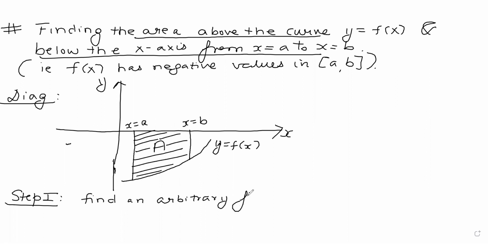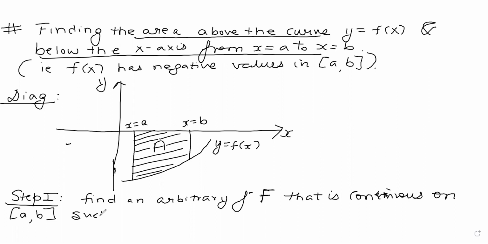Find an arbitrary function capital F that is continuous on the interval a to b such that capital F dash x equals small f of x for all x belonging to a to b.